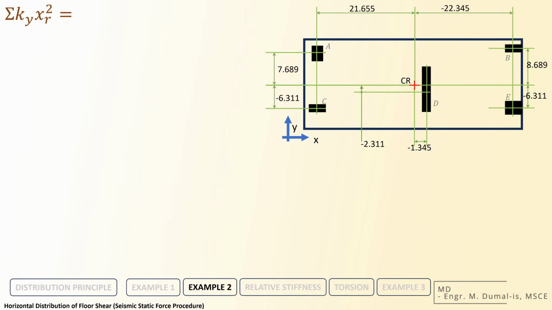Proceeding to the calculation of J, we begin by isolating its components for clarity. Specifically, we first compute half of J, defined as the summation of the product of lateral stiffness in the y direction, ky, and the square of the perpendicular distance of each element from the center of rigidity in the x direction, rx squared.